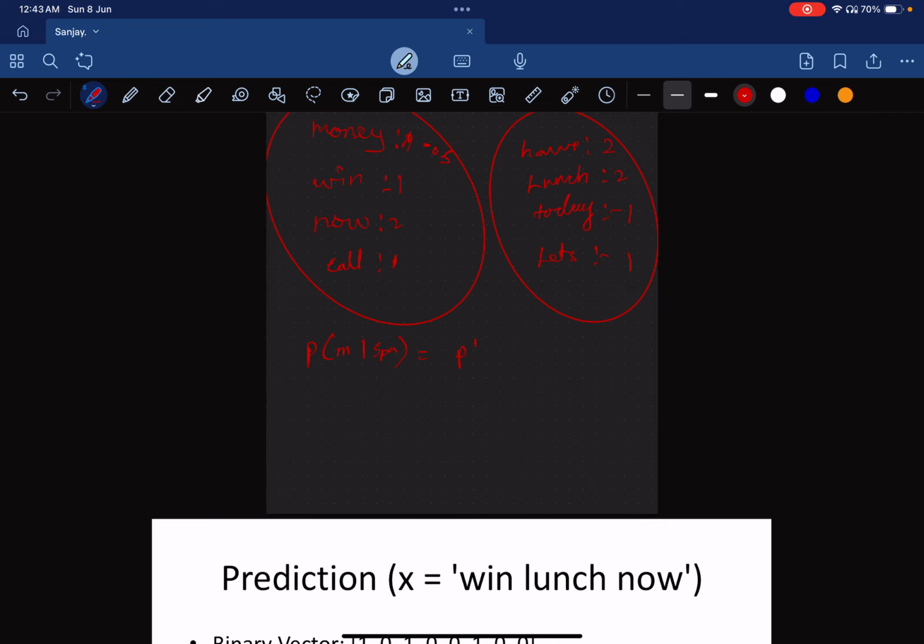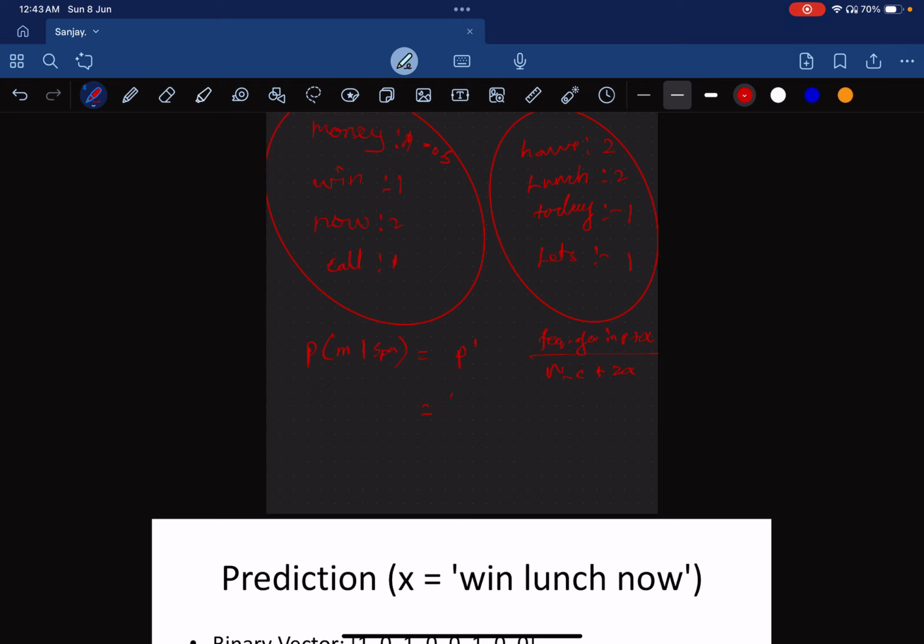For a better understanding, let's take another word, for example, win. The same formula: frequency of the word in spam plus Laplace smoothing, divided by nc plus 2 alpha, right?